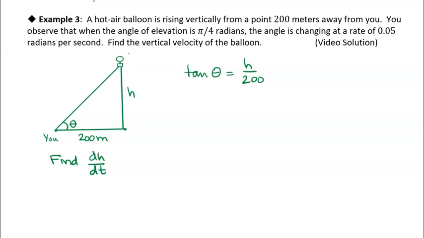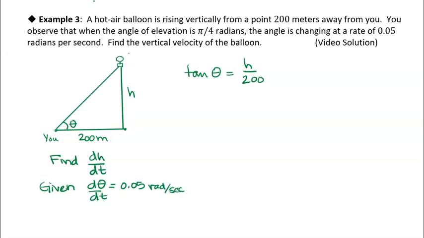Now I want to make sure I write down what I'm given. Let me write it down here. I'm given that the angle is changing at this rate, right? So what we're given is d theta/dt is equal to 0.05 radians per second.